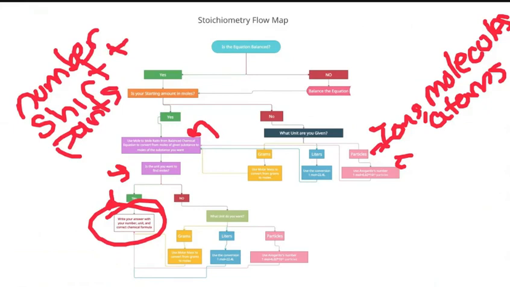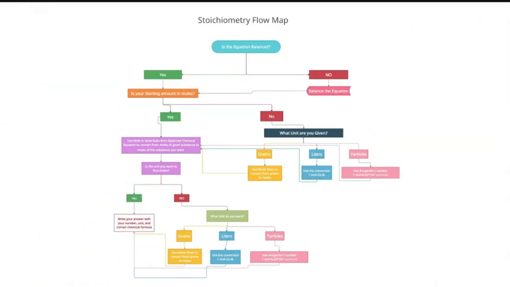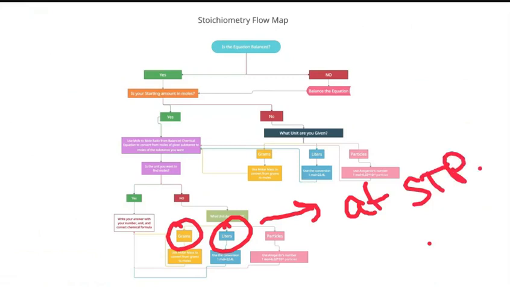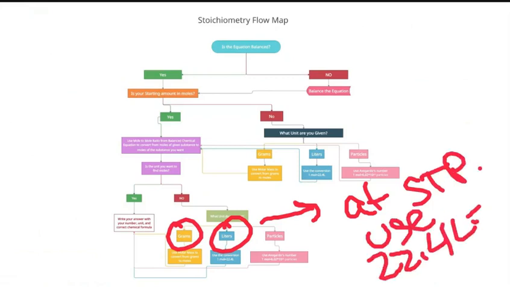If what you want to find is not moles, then you ask yourself, is what I want grams? Just like our last example, then you use the molar mass to convert from moles to grams. If you want liters and it's at STP, use the ratio 22.4 liters equals 1 mole.